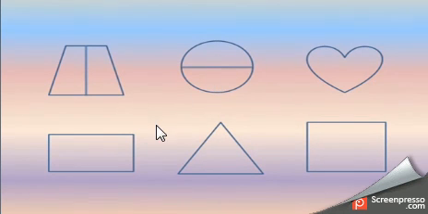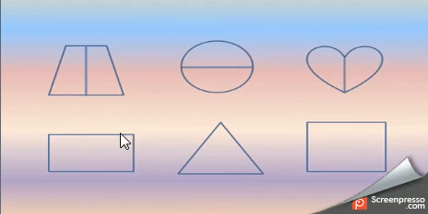It will divide it into two congruent shapes. And this shape, how can I draw a line segment dividing it into congruent shapes? I should draw here. I can't draw horizontal. I should draw vertical at this point, to divide it into congruent shapes.